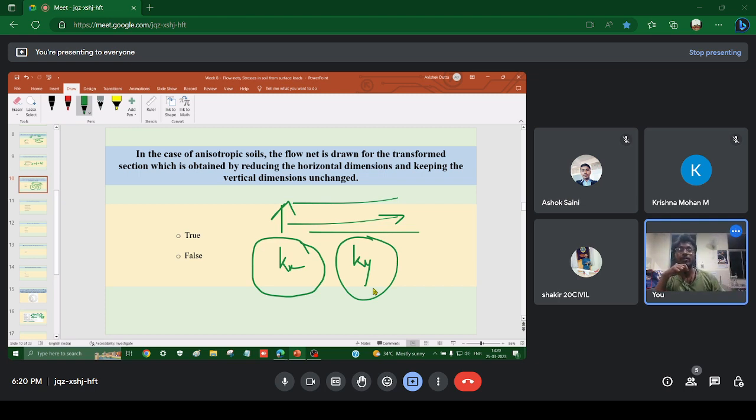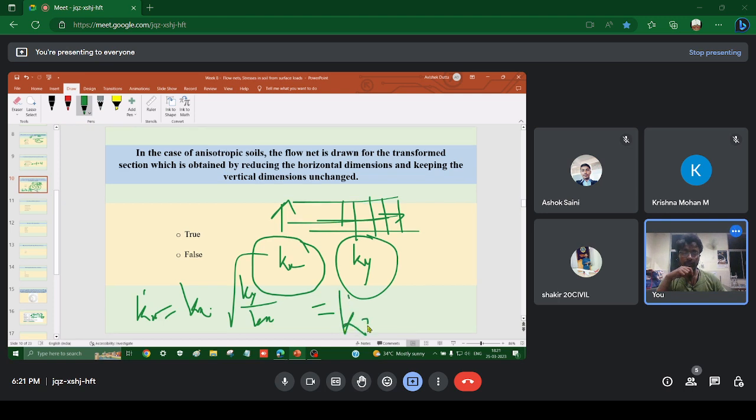Now if we want to find out an equivalent, because it is crossing various y sections having various different kinds of ky values, the equivalent k will be kx multiplied by root over of ky by kx, and hence the equivalent k which we will be using for the numericals will be root over of kx into ky.